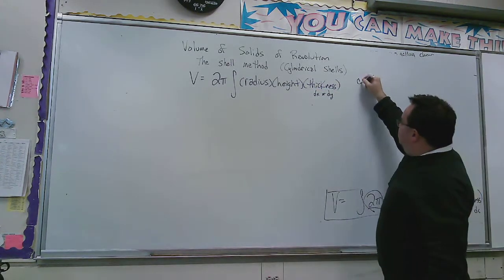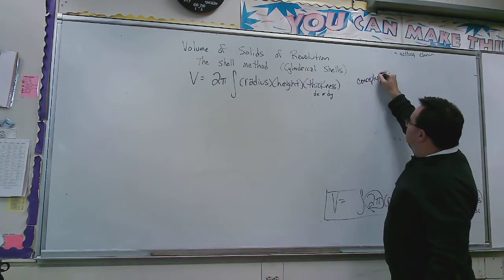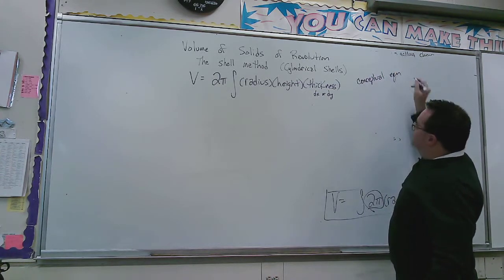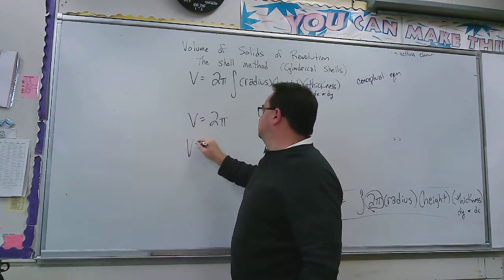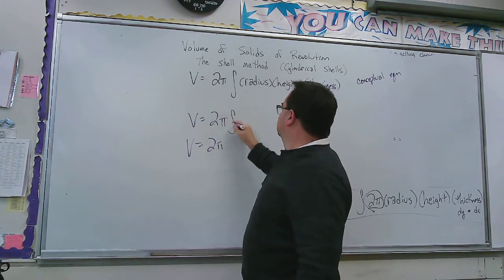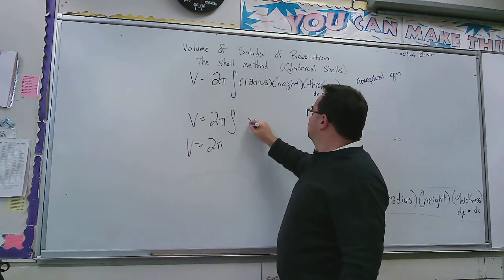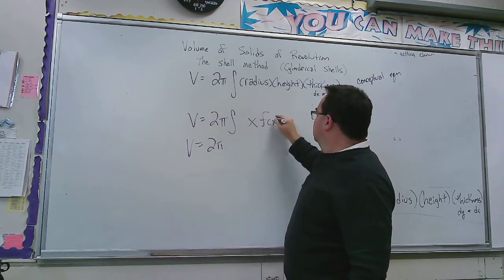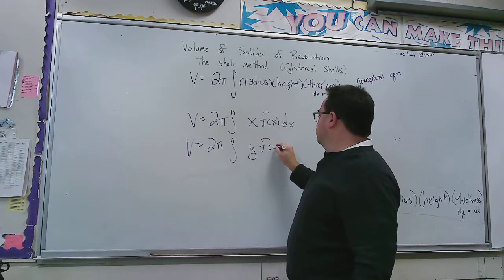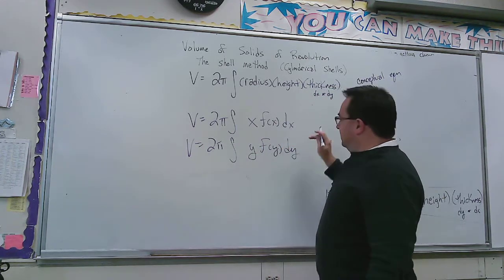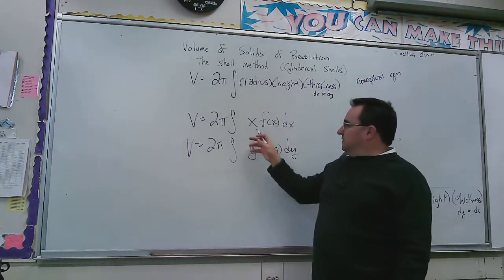Now I'm going to call this a conceptual equation. In your book, you'll find two versions of this. A lot of times you'll see this, right, for x and y.